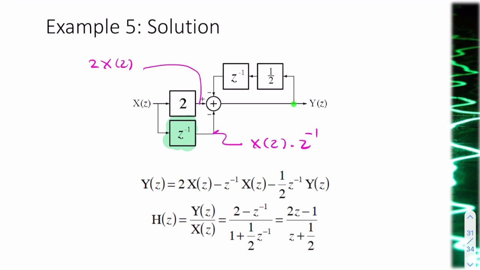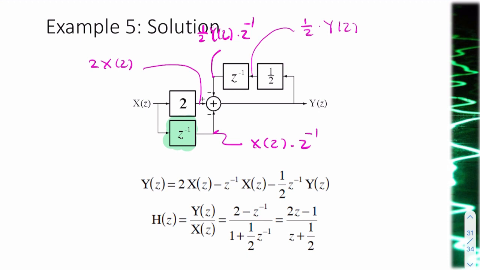Now, if you follow this branch here, what you have here is 1/2 times y of z. Remember, this is feedback. The output is going back and being added with the input. So what you would have here would be that multiplied by your delay. So it'd be half y of z times z to the minus 1.